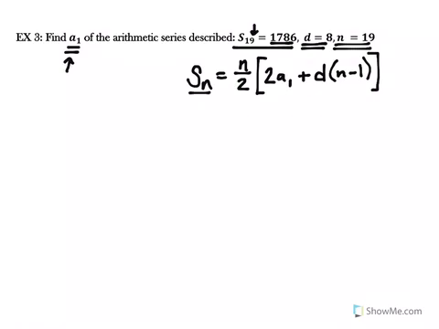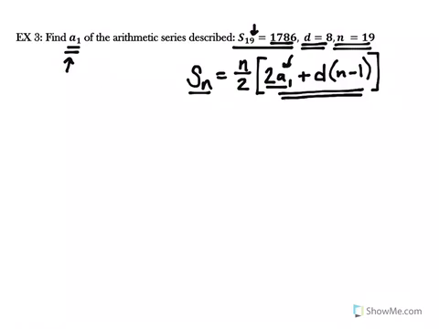The sum is equal to half of the number of terms times 2 times the first term plus our common difference times n minus 1. And you've seen this piece right here, this a sub 1 plus common difference times n minus 1 from our explicit formula.